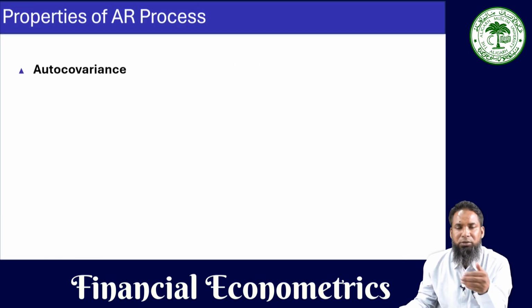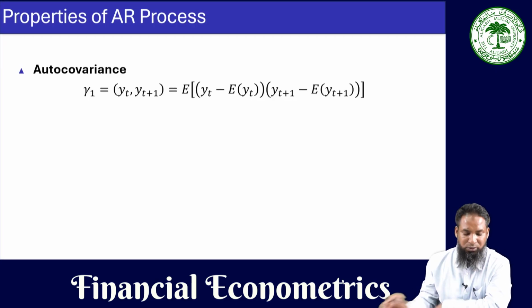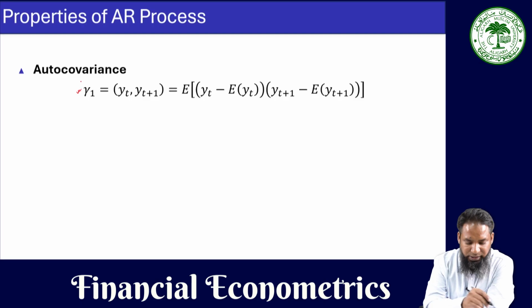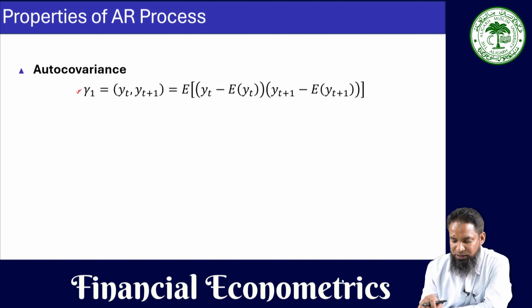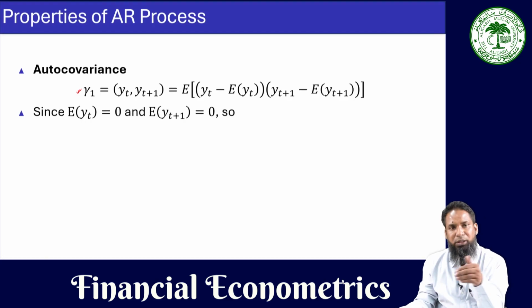Now let's take the third property, that is the autocovariance. The autocovariance at the first lag, that is between yt and yt plus 1, we can write as the expectation of yt minus expectation of yt, into yt plus 1 minus expectation of yt plus 1. Again we know that the expectation of yt is equal to 0, and likewise for yt plus 1.